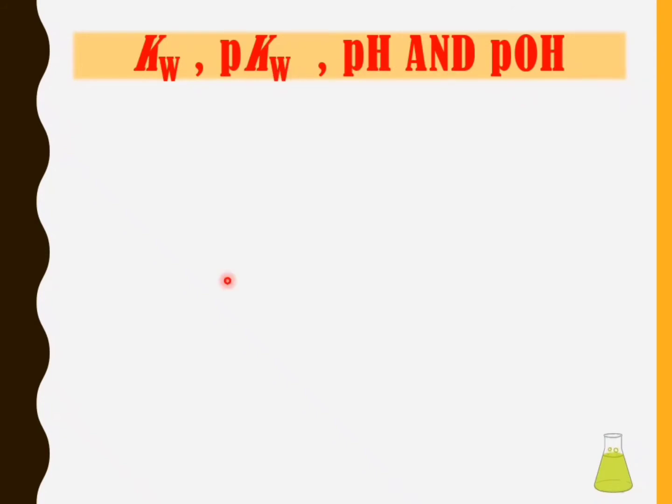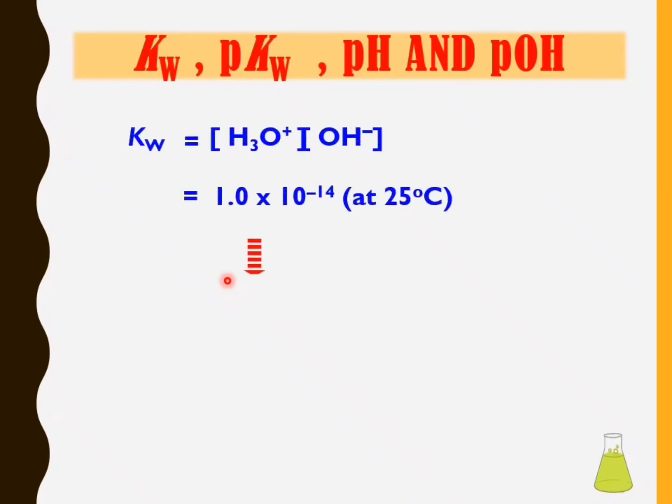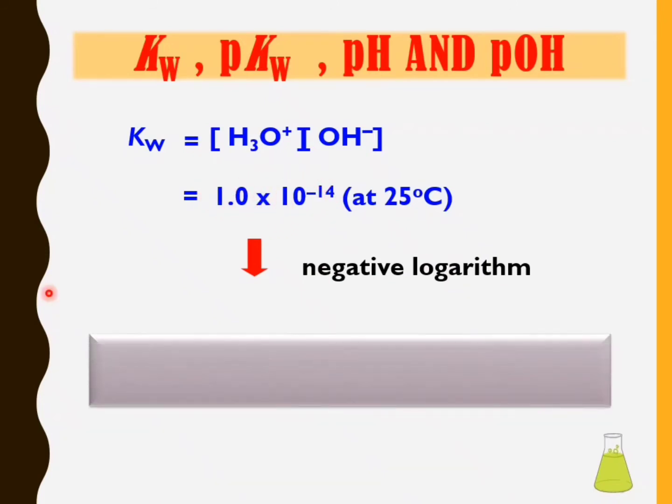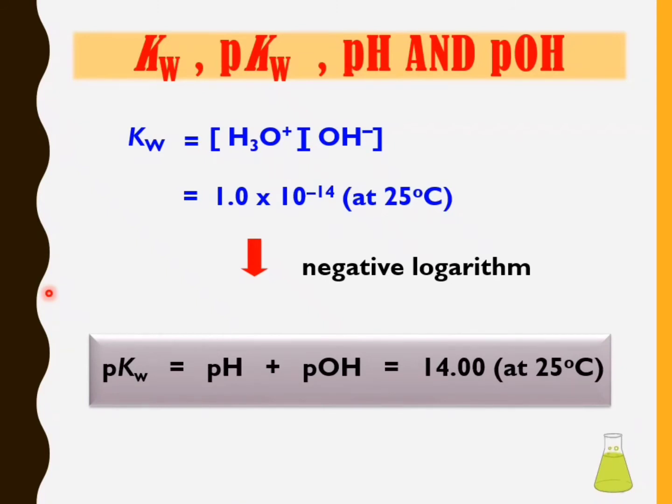So what is the relationship between these four symbol: KW, PKW, pH and POH? Okay, so kita tengok. So this is the formula of KW. If you tekan calculator, negative log 1.0 darab 10 kuasa negatif 14, you akan dapat nilai 14. Okay, so PKW adalah sama dengan 14.